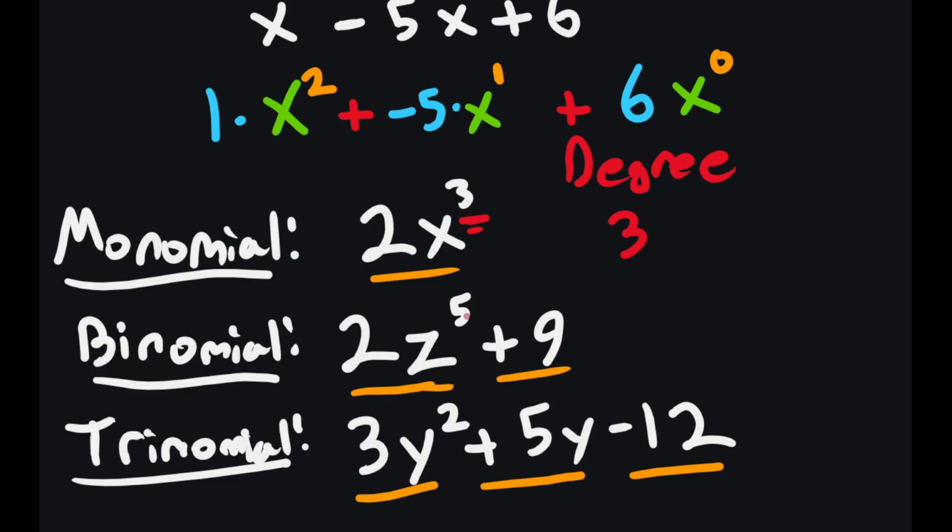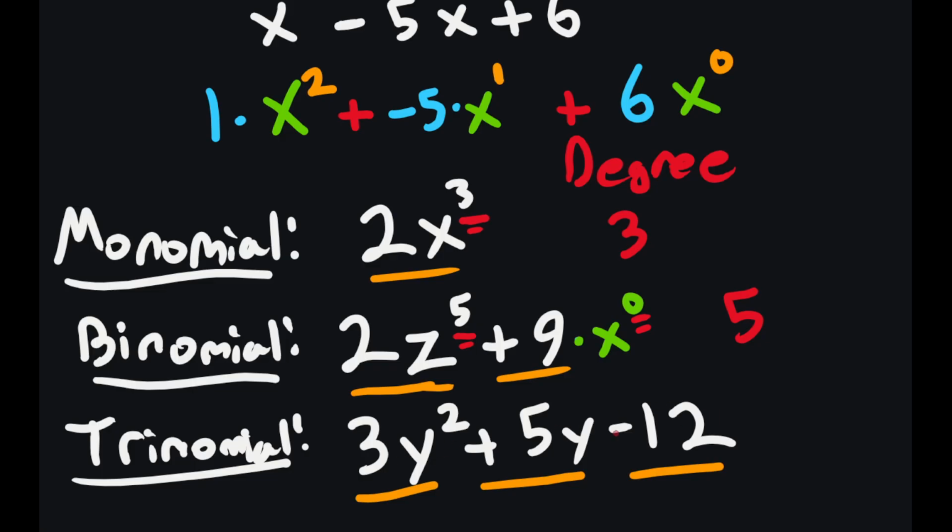Now in this binomial, you can't see it, but we actually have two exponents. We have this 5 here, and this positive 9, if you write it down in ax to the n form, is times x to the 0 power. So we also have this 0 right here. So you take the higher of the two, the 5 or the 0. 5 is a higher exponent. So the degree of this binomial is 5.